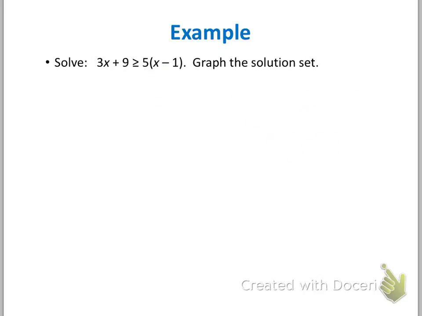Let's try another one. Why don't you click pause and try this one all by yourself? Okay, so the first thing we're going to do is distribute, just like in solving normal equations. Then I'm going to move all variables to one side.